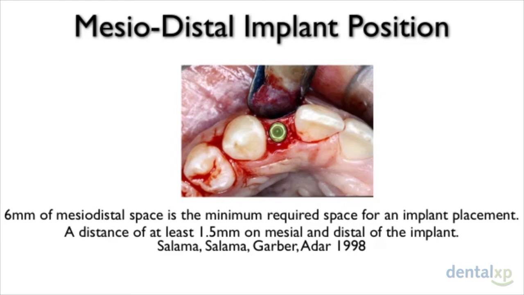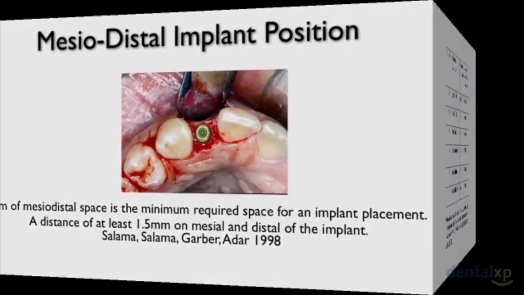In some cases, orthodontically, it is hard to open a space of 6 millimeters between the teeth. This might be due to a tooth-size discrepancy. In some cases, we should think thoroughly before deciding what options we have to restore it.